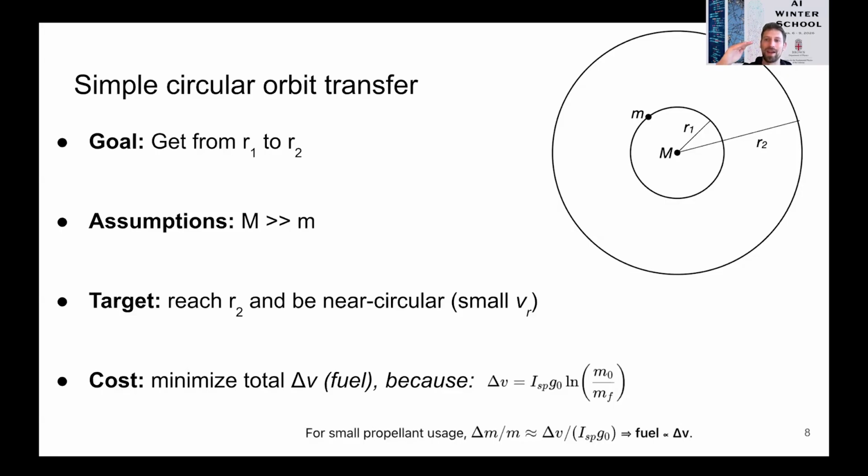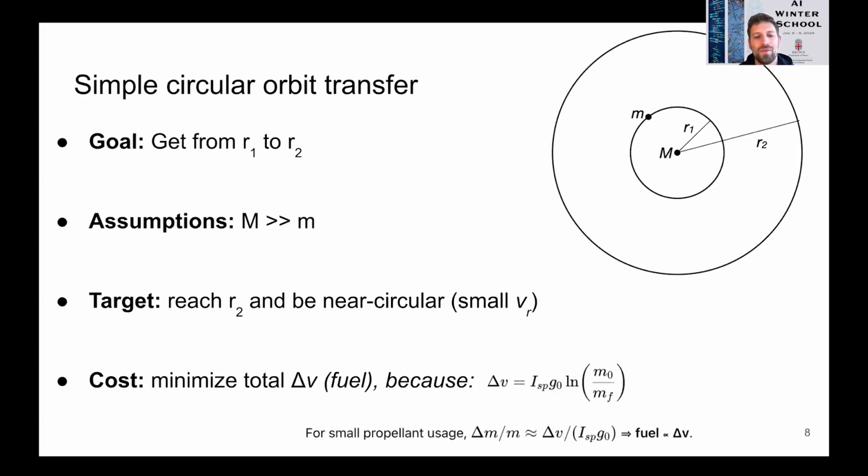And once we change that radius, we want to have the new radius be near circular. So that's a small radial velocity. And there's some constraint on this problem because you can imagine there's probably lots of ways to get there. But in practice, what you'd want to do is minimize the amount of fuel you use to get from r1 to r2.